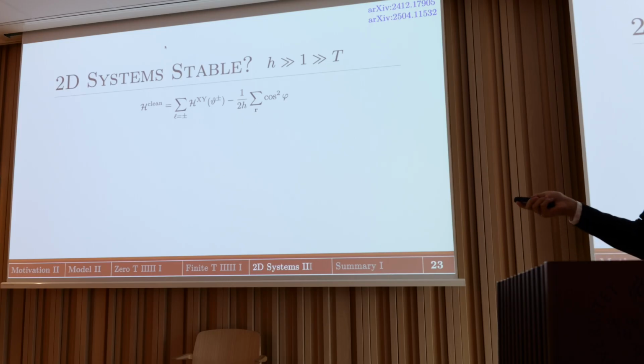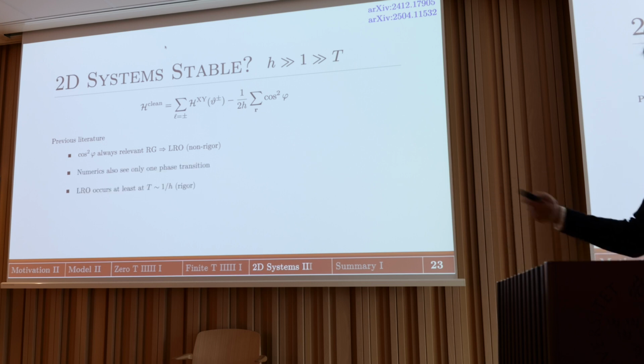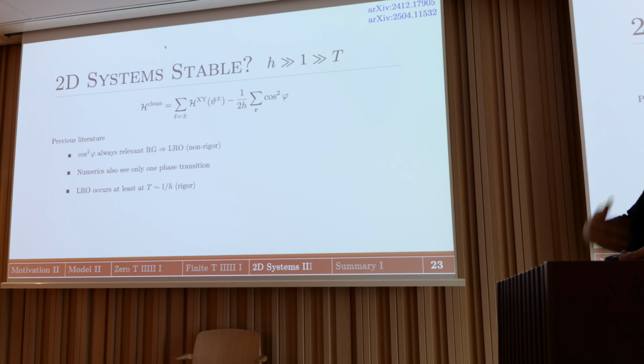But there is also a lot more literature on this StatMech model. The cosine square is just a cosine 2 in disguise. So people have done calculations, either RG or numerics or mathematics. Basically what they seem to see is only one single phase transition from a high temperature phase to a low temperature phase. And it seems that it is immediately long range ordered after this transition. But there's no proof.